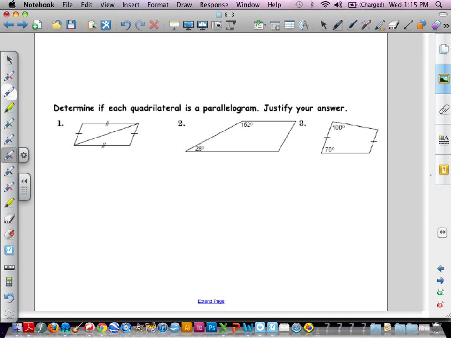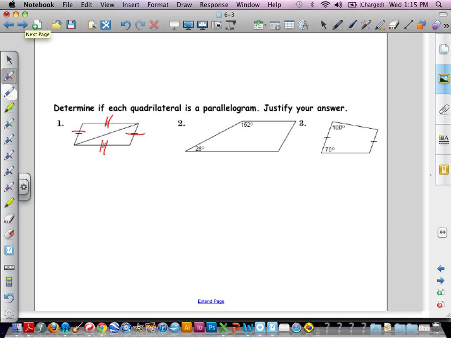The next section says, determine if each quadrilateral is a parallelogram. Justify your answer. So I'm going to use one of those 5 things that I have written on the previous page. I see that I have 2 sets of opposite sides being equal.